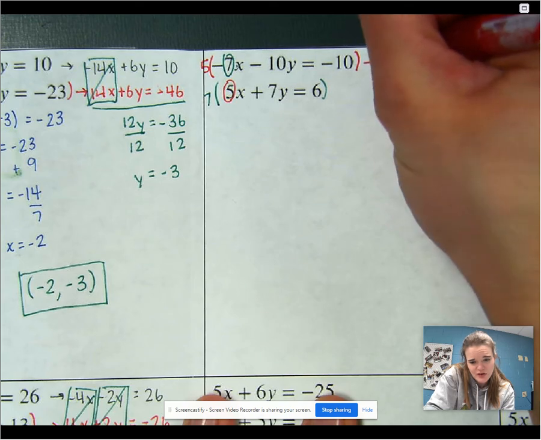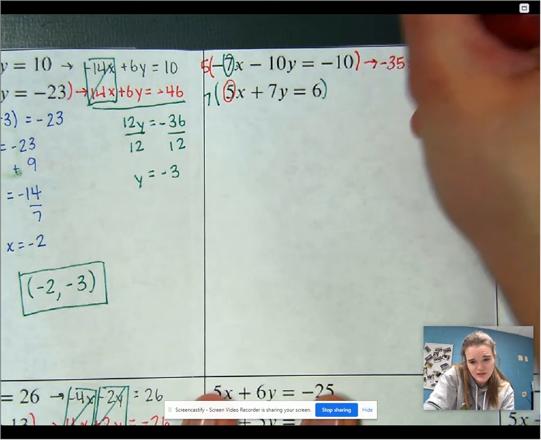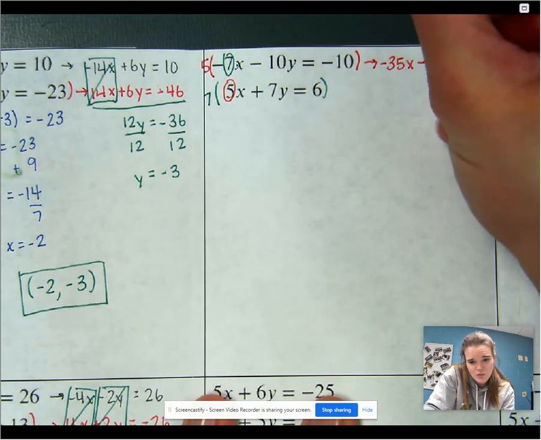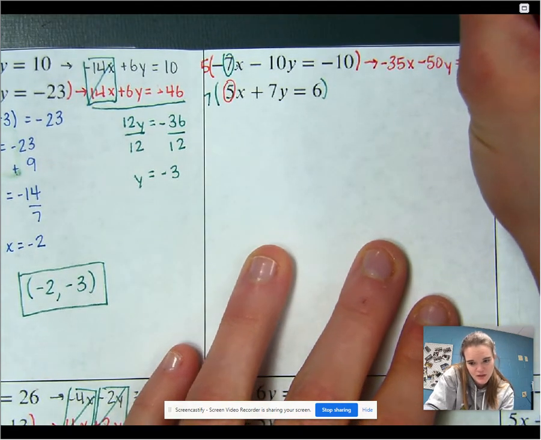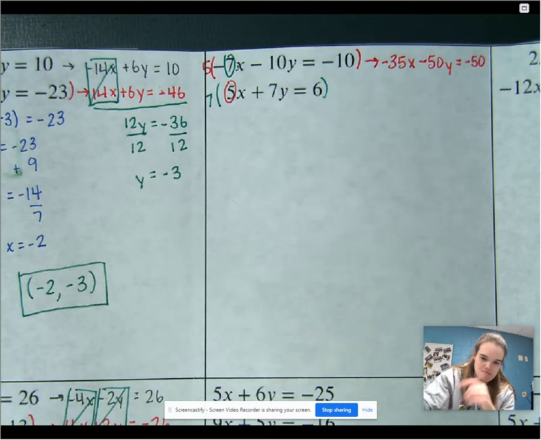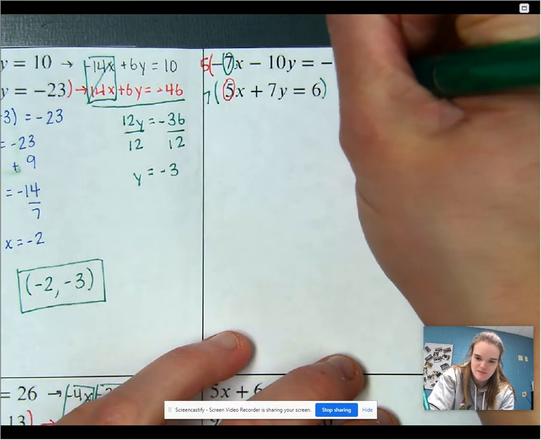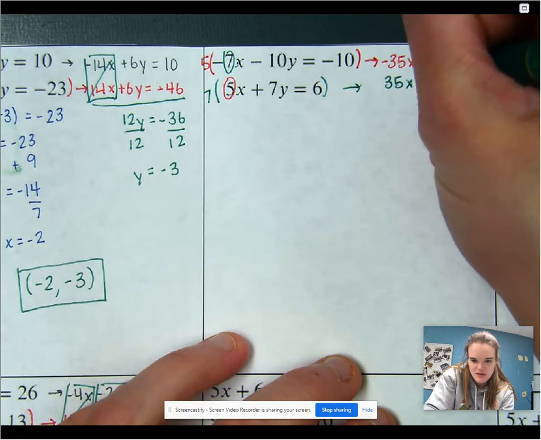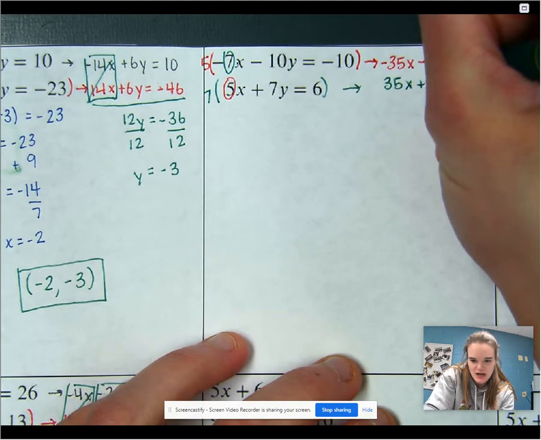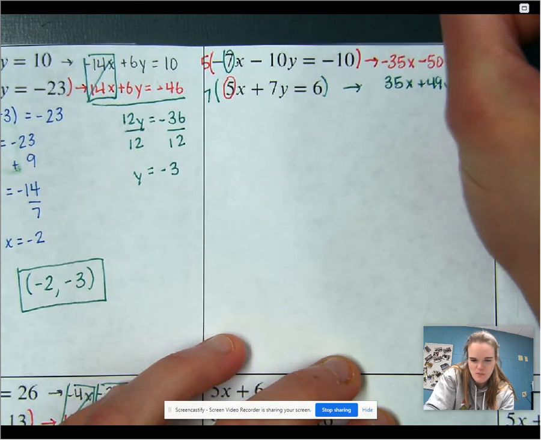That is negative 35x minus 50y equals negative 50. 35x plus 49y equals 42.